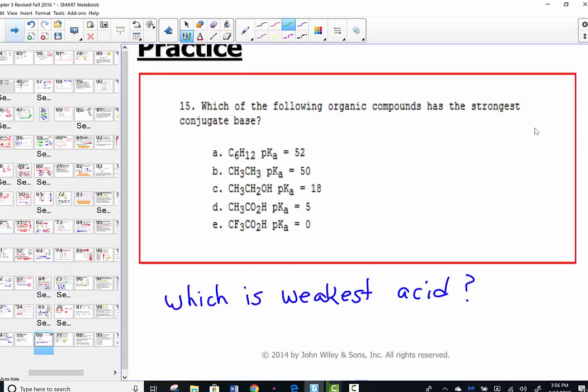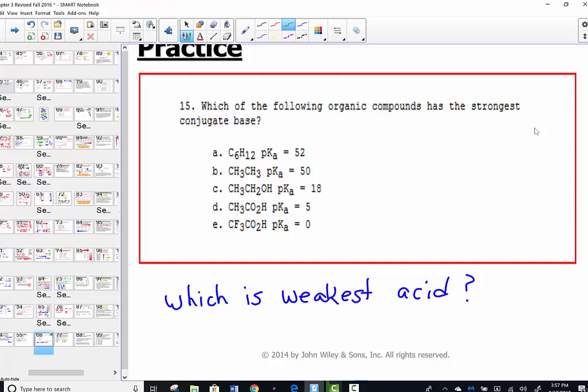Which of the following organic compounds has the strongest conjugate base? They gave us the pKa values. I'm thinking about how to best phrase this.